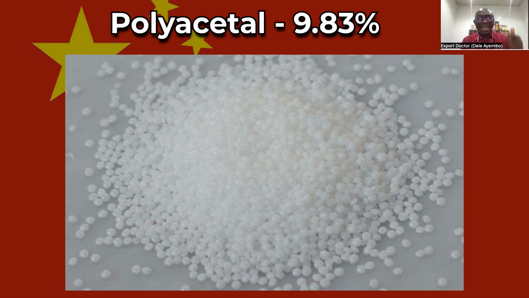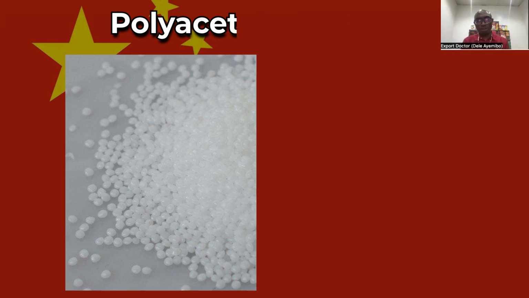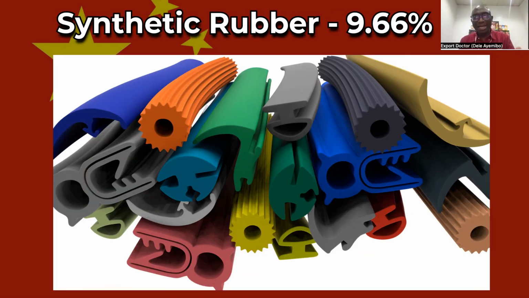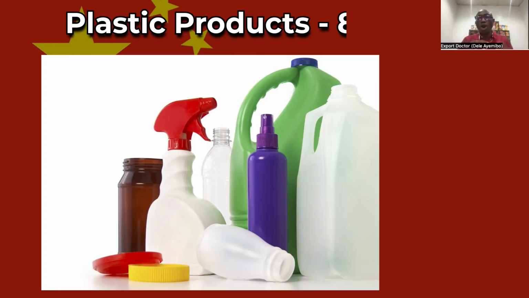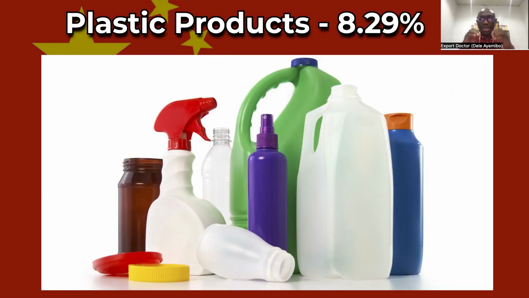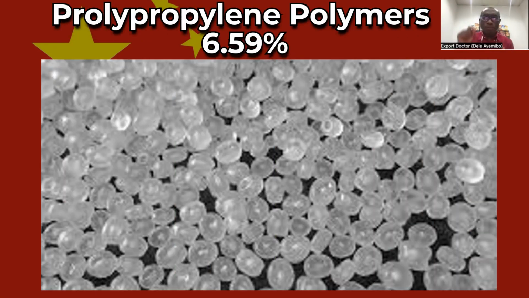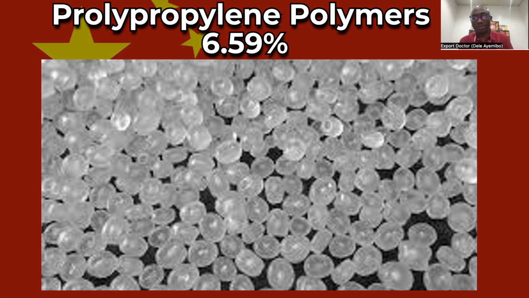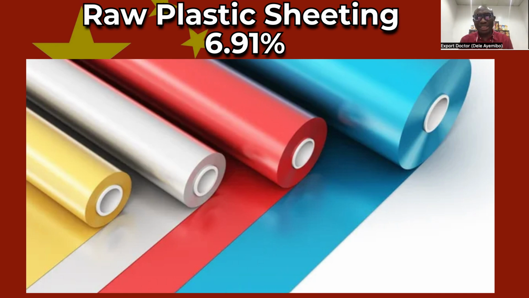Polyacetal, 9.83%. Another plastic product, synthetic rubber, 9.66%. Other plastic product, 8.29%. Polypropylene polymers, 6.59%. Raw plastic sheeting, 5.91%.